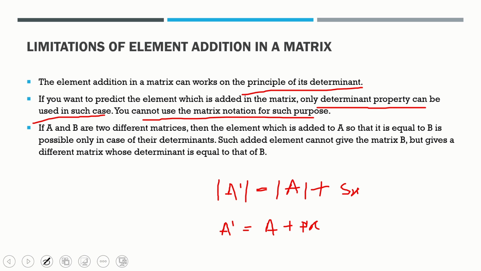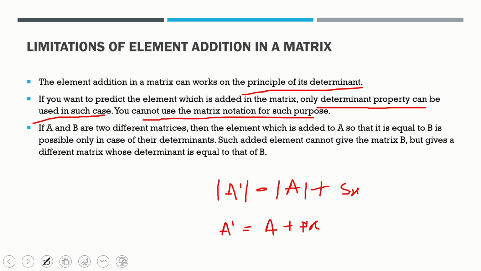Yeah. Otherwise, if you know A dash and A, what guarantees that your X will be the same? If you take any A dash value, any A value, and subtract A dash minus A, it will come out somewhere.